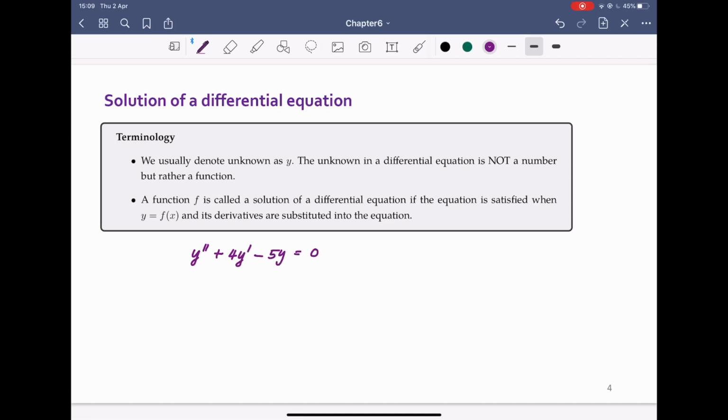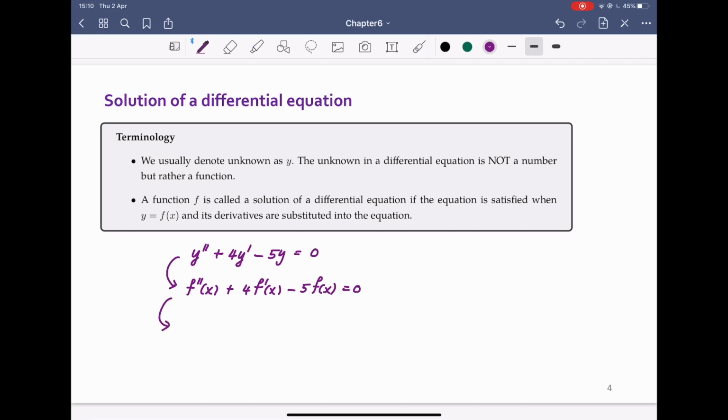In order to solve this, you can view y as f(x), right? And then this is equivalent to f double prime x plus 4f prime x minus 5f(x) equal to 0.